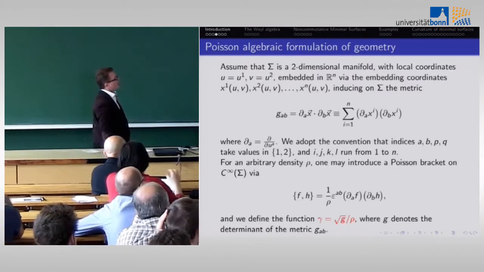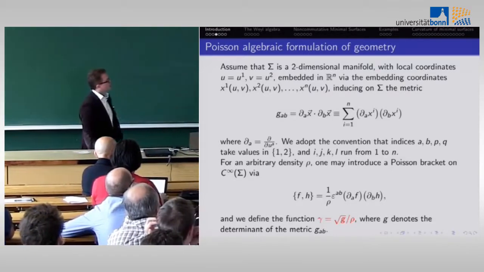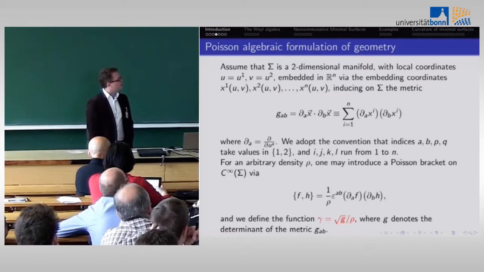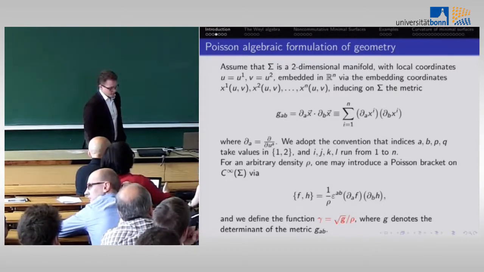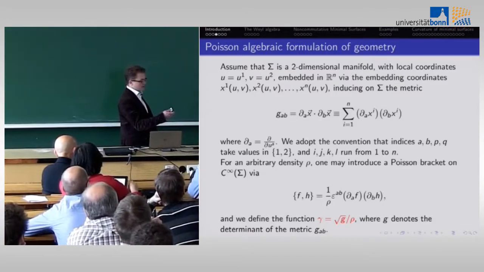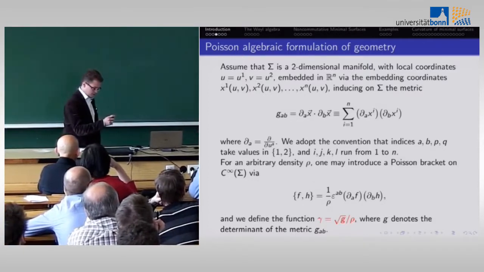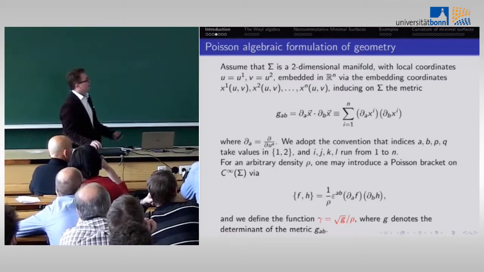And you can introduce a Poisson bracket here in local coordinates for some density rho. And for convenience, we introduce this gamma here.